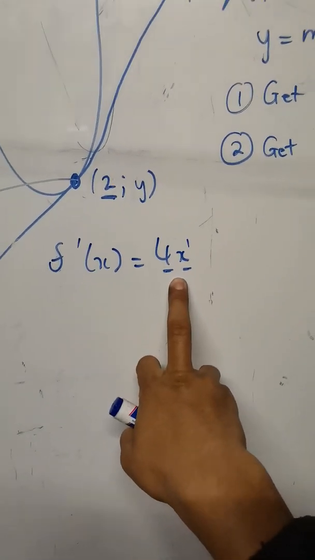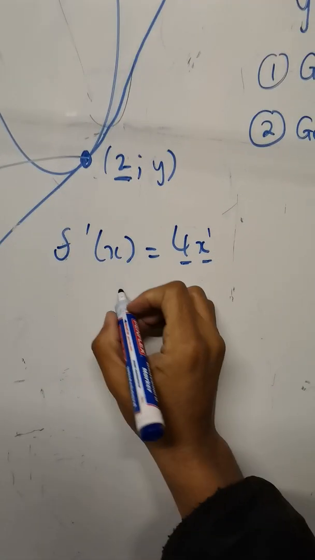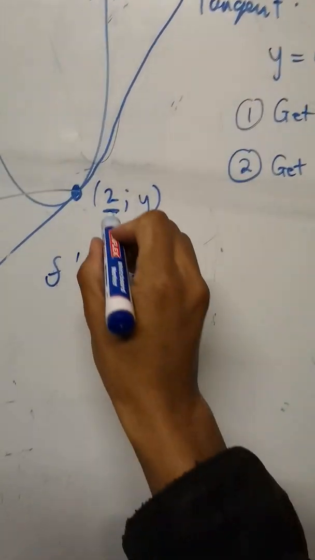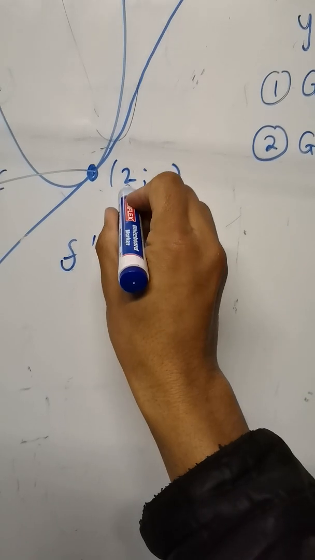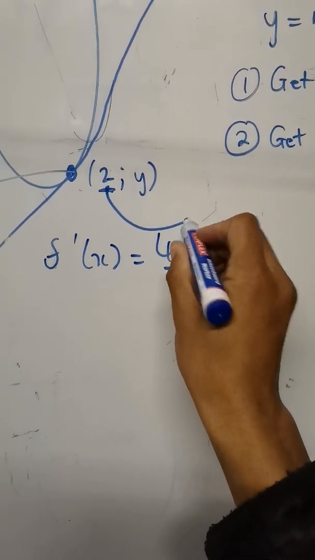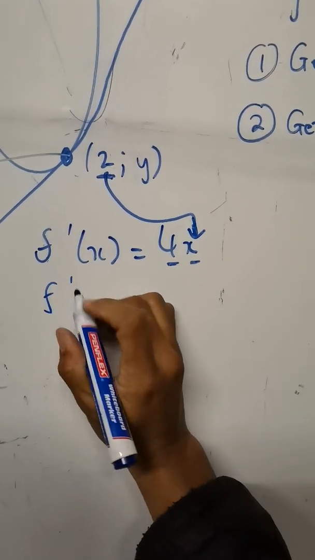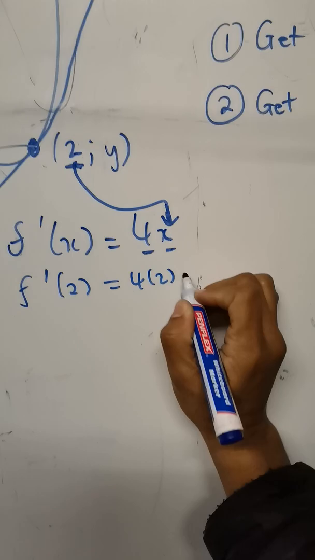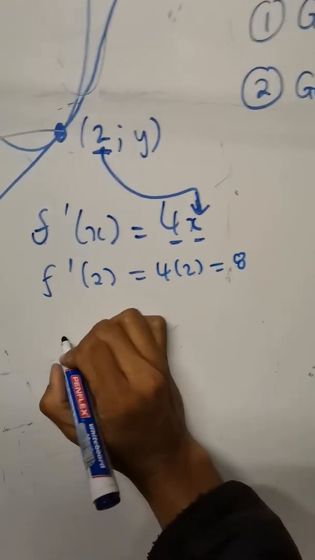But now, the first derivative is actually your gradient of the tangent. So you just substitute that x value of the point of contact into that x to get the gradient. So the first derivative, where x is 2, it's 4 times 2, and that's 8.